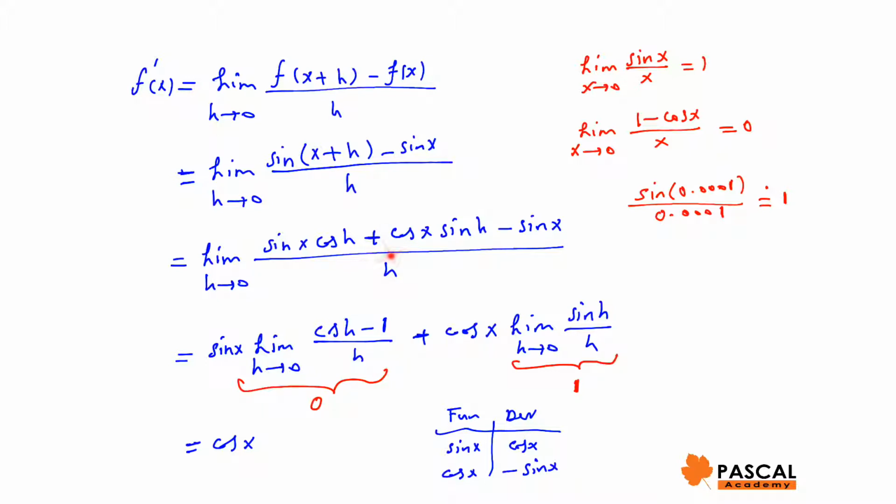We can split this limit in two parts: the limit of sine of x times cosine of h minus 1 divided by h as h approaches 0, plus the limit of cosine of x sine of h over h as h approaches 0. Since h is the independent variable here, sine of x is considered constant.